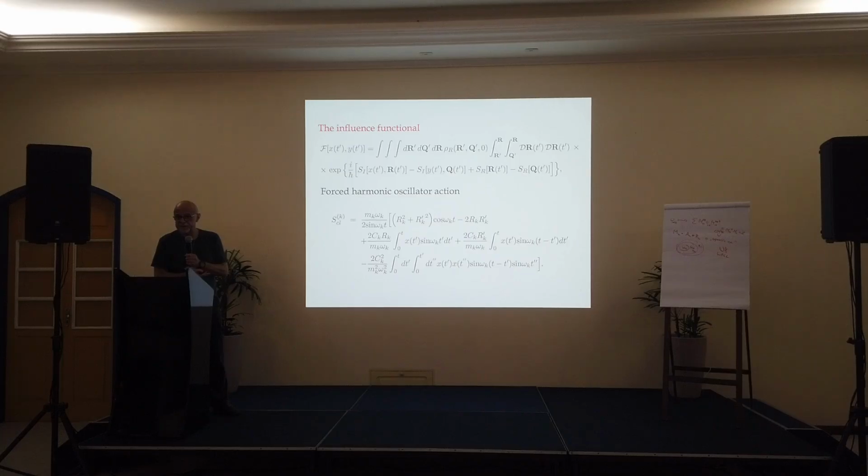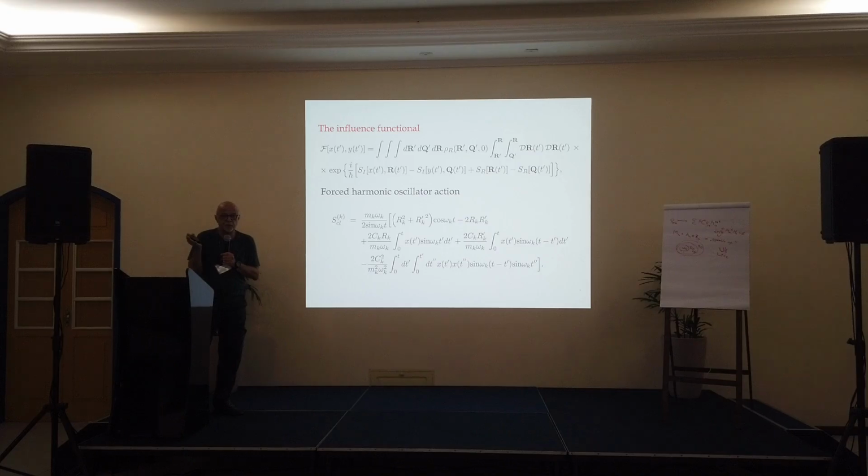That's forced harmonic oscillators, and the action of the forced oscillator is given by the solution here, in terms of the initial and the final position. You find it in any classical mechanics book. That's purely classical.